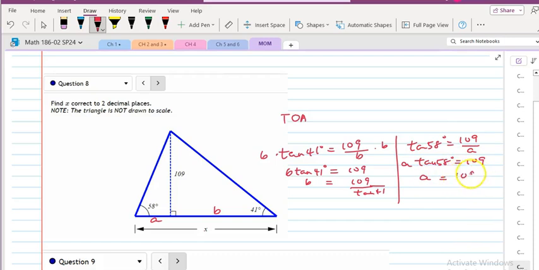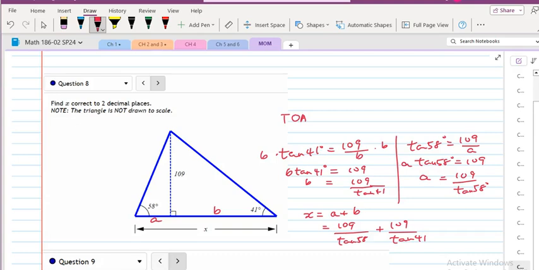A equals 109 over tangent 58. Now I have both A and B, and X is just a matter of adding them. Don't round yet; do everything at the same time: 109 over tangent 58 plus 109 over tangent 41. Now put it in the calculator in one shot.